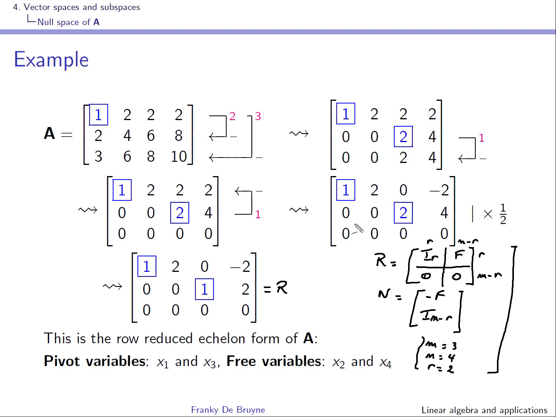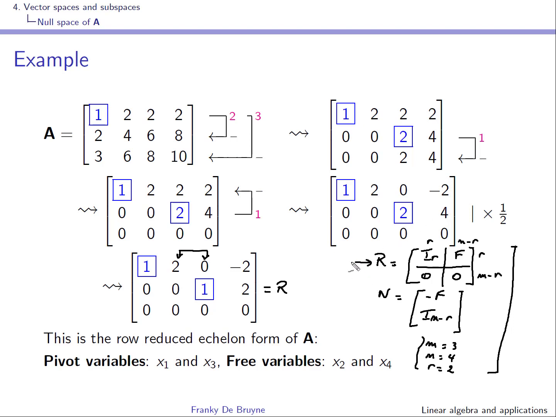Well, the first thing that you notice is that R is not in this form. Here we had assumed that the R pivot columns came in front. Here they are mixed, the pivot columns and the free columns are mixed, but by interchanging these columns you end up with this form.